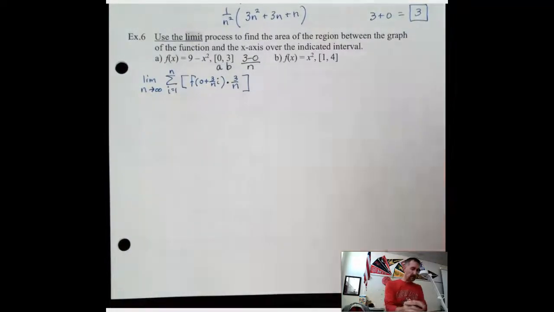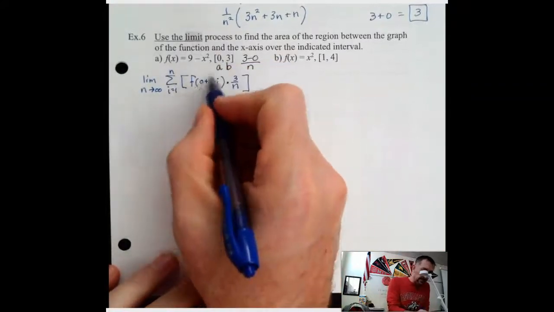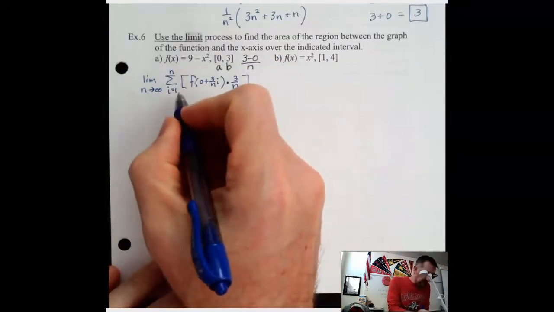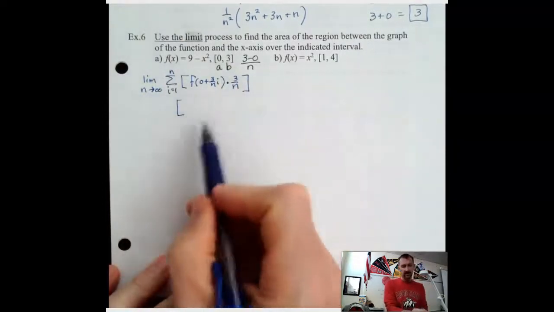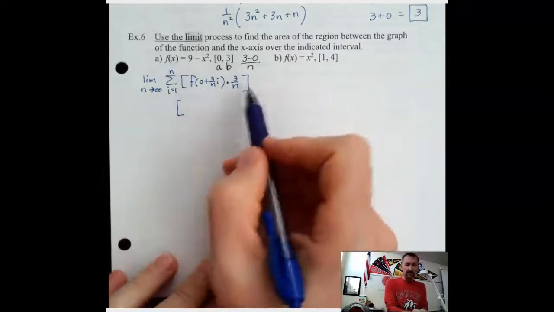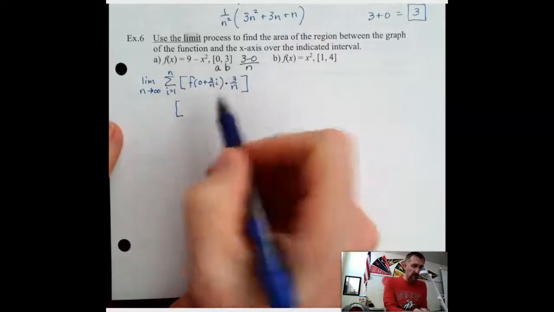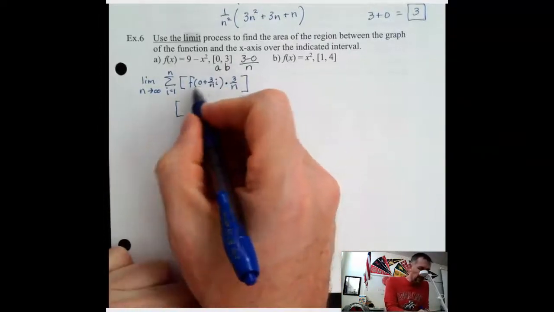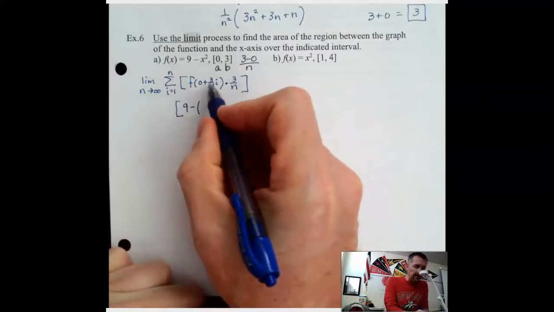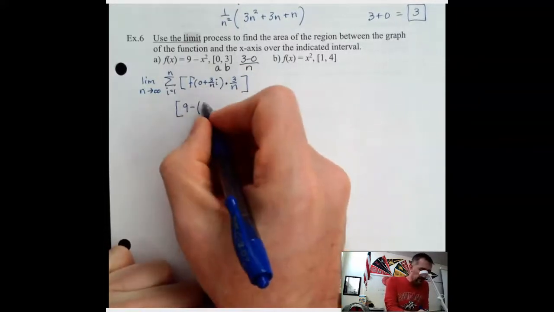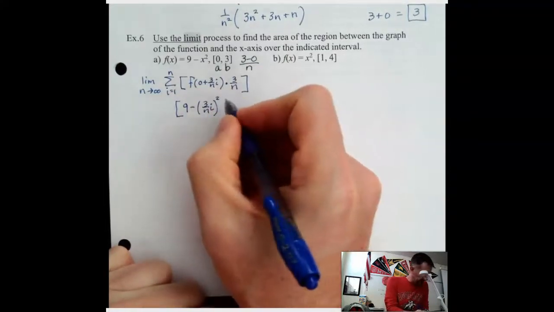All right. So now I'm going to break down this right here. This is getting plugged into here. I'm not going to keep writing all this stuff down. I'm just going to simplify this stuff here, and then I'll bring that stuff back. As long as you don't put an equal sign there, you should be fine. We're just doing some work on this. So the function is 9 minus, and then we're plugging in 3 over n times i, squared.